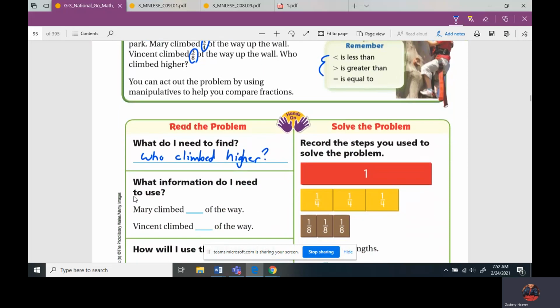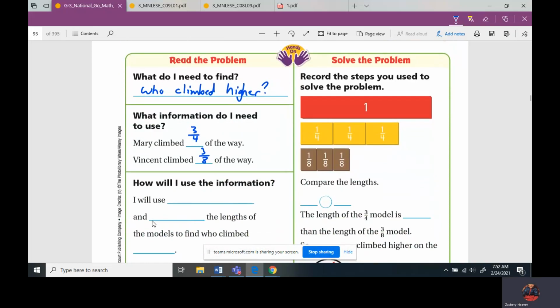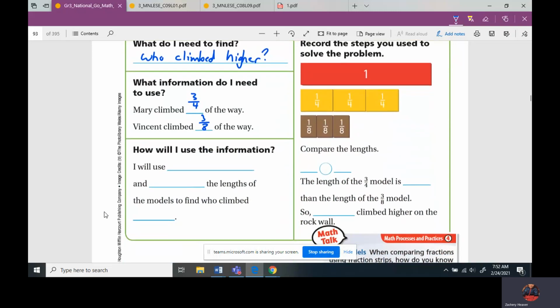We want to know if Mary climbed higher or Vincent. We know Mary climbed 3/4 and Vincent climbed 3/8. How will I use 3/4 and 3/8, the lengths of the models, to find who climbed higher?